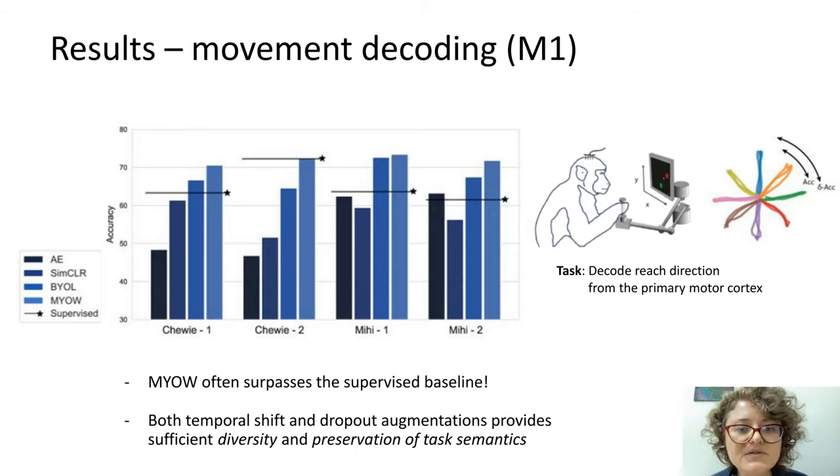The first one is a slightly simpler task, where an animal is trained to make reaching movements to targets; there's basically a cue that comes on the screen and they'll make a reach. So it's a standard center-out reaching task, and we're recording from neurons in the primary motor cortex in this case, roughly about 100 to 200 neurons across these different data sets.